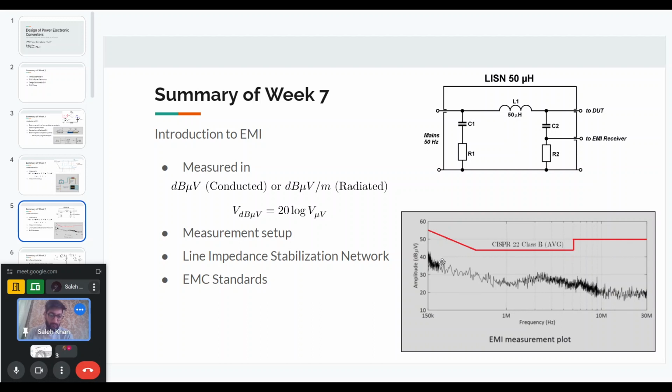So the measurement that we do should fall within this limit. If it goes beyond at any point, then the converter will not satisfy the limit. So if you want to make a product and it does not satisfy the limit, you may not get the license to sell that product or something like that. So that is how these are measured, and that is the importance of the standards.